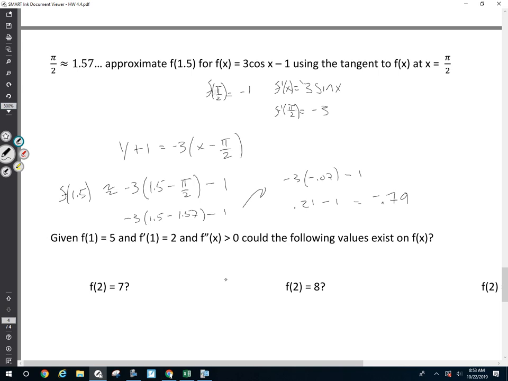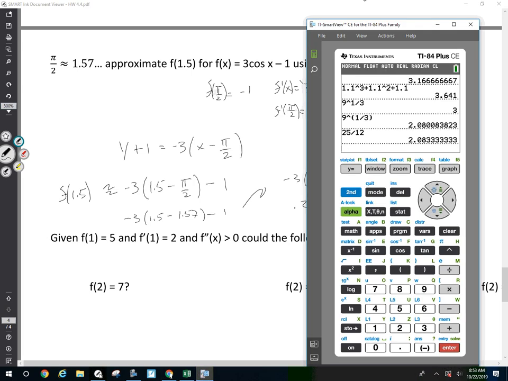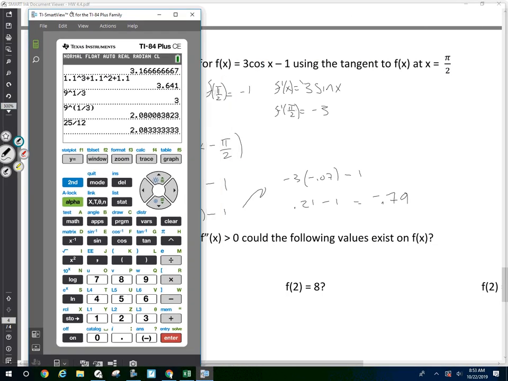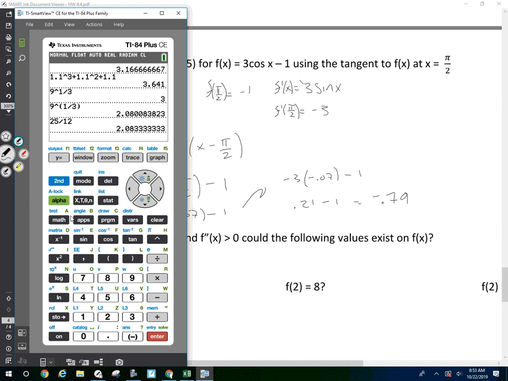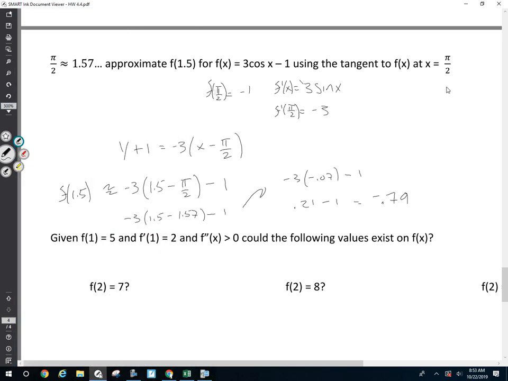Is that going to be good? I don't think it's going to be great. I think it'll be decent. Watch. 3 times cosine, make sure you're in radian mode, 1.5 x minus 1 is approximately -0.79. Pretty good.